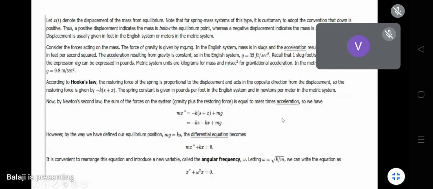In the equilibrium position, mg is equal to ks, so in mx double dash equals mg minus ks, this part is 0, and we get only minus kx. Writing it on the left-hand side, you get this second order differential equation. If m and k are given, you can find the solution and follow that solution format.